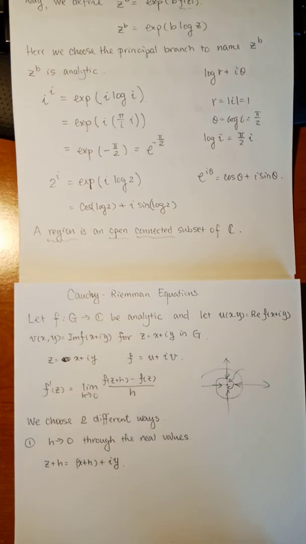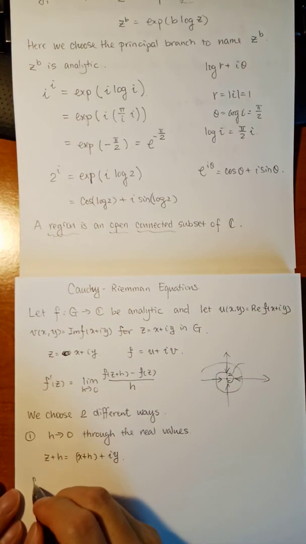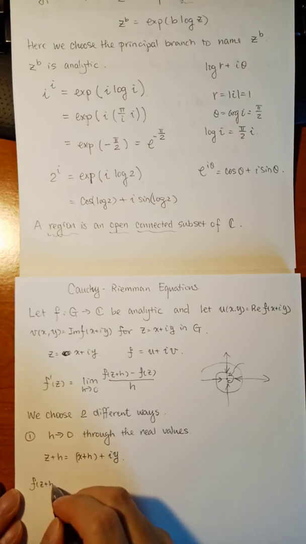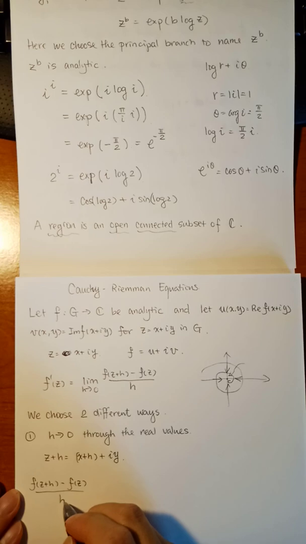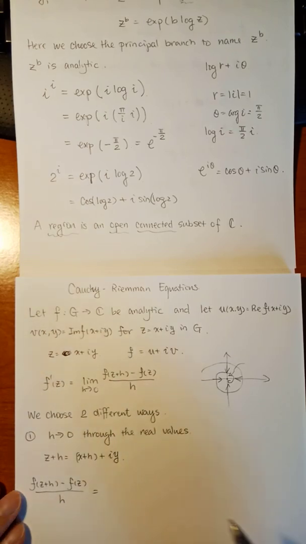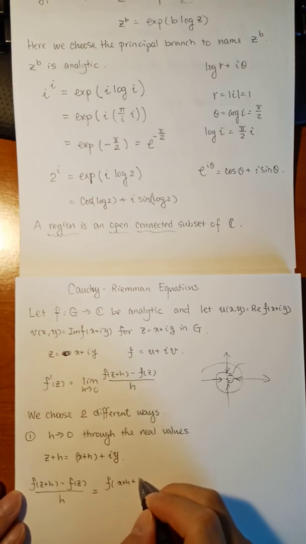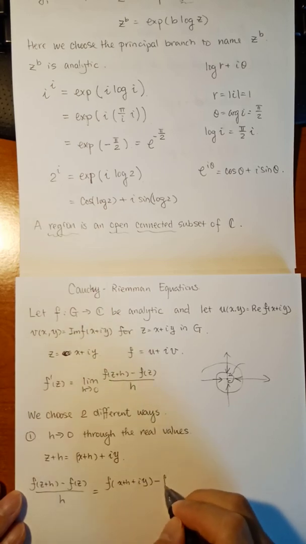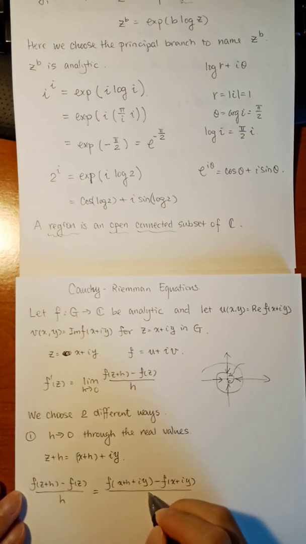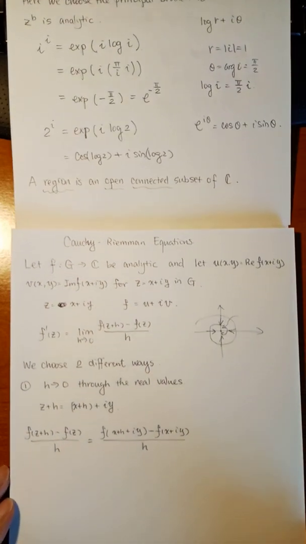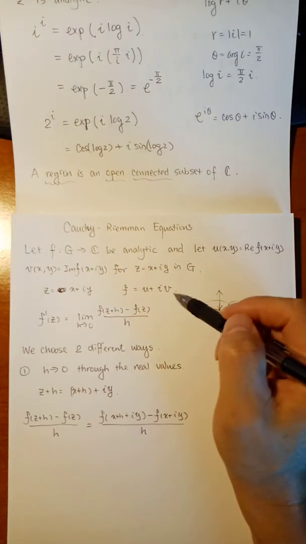All right, well, let's see. The f of z plus h minus f of z over h. So it is f of x plus h plus iy minus f of x plus iy over h. And remember, f is u plus iv.